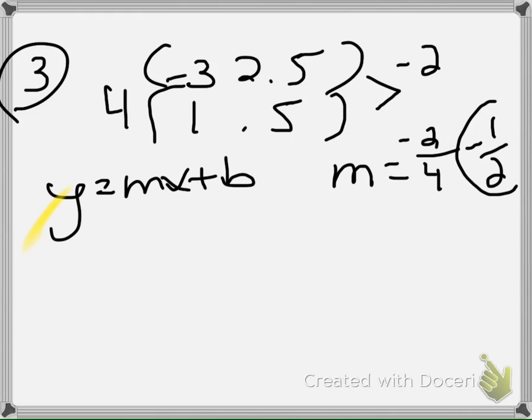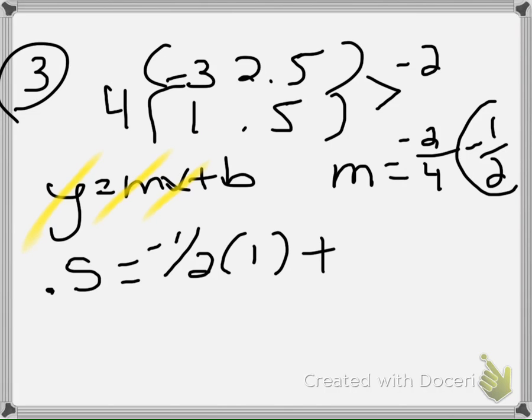Hopefully you know what I'm going to do. 1, 2, 3 things to substitute. Okay, I'll use the 0.5 that's in the y spot for y equals, I'll use my m that I got, negative 1/2, times x, which is 1, plus b. This always means to multiply. 1 times negative 1/2 is negative 1/2.